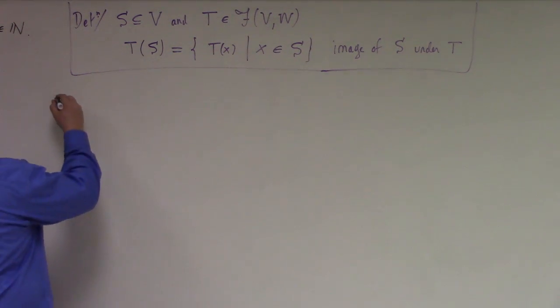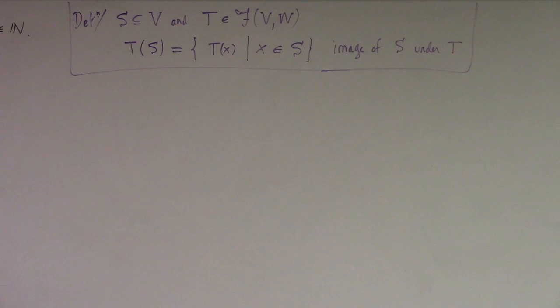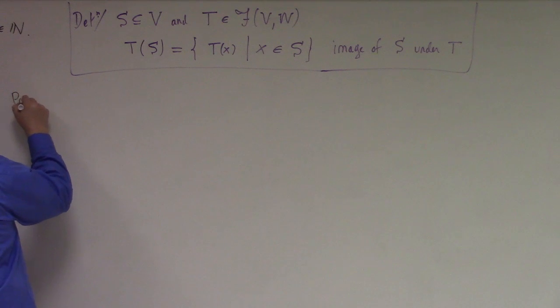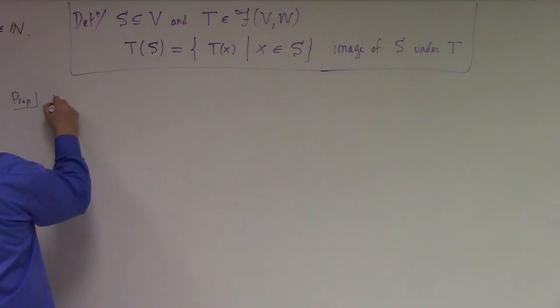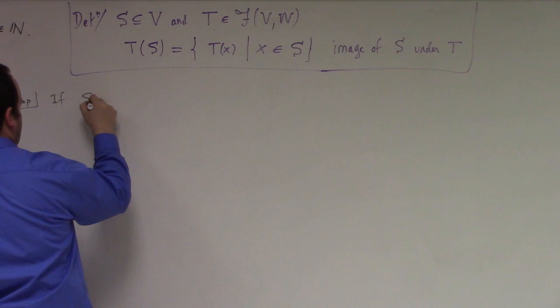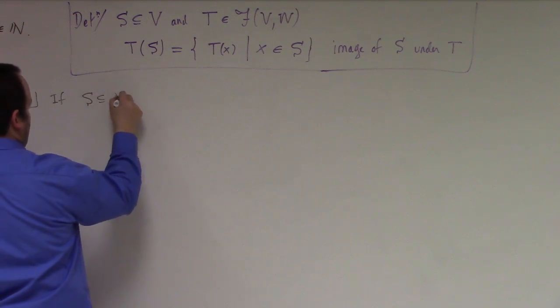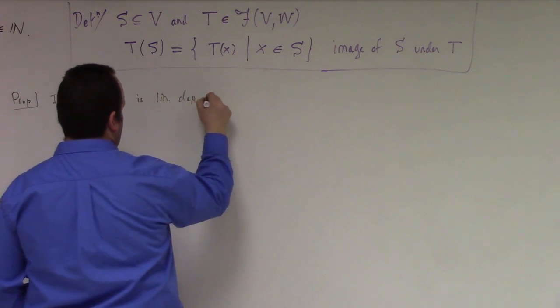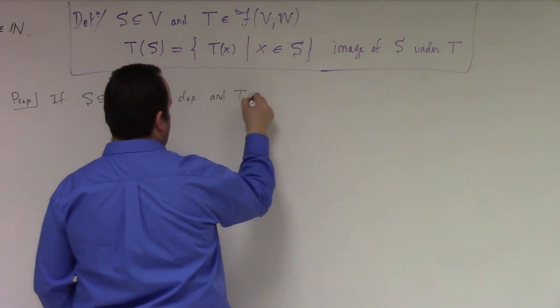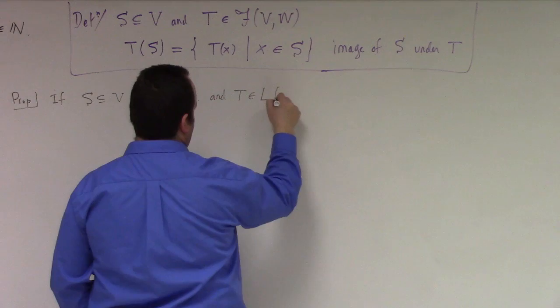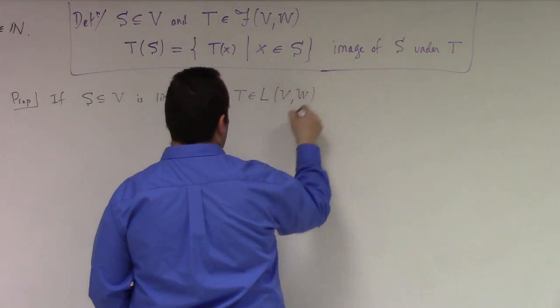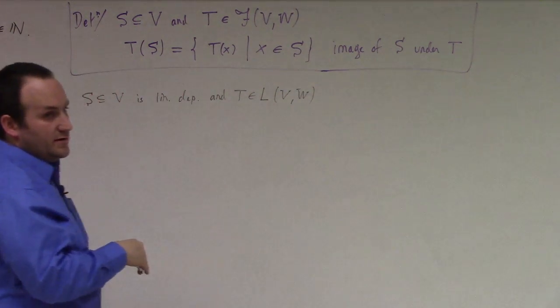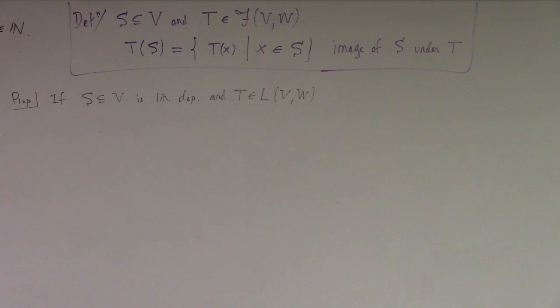Here's a theorem. Proposition, what is it? I called it a proposition. If S, a subset of V, is linearly dependent and T is a linear transformation from V to W. Again, throughout this lecture, V and W are vector spaces over a field F, okay?